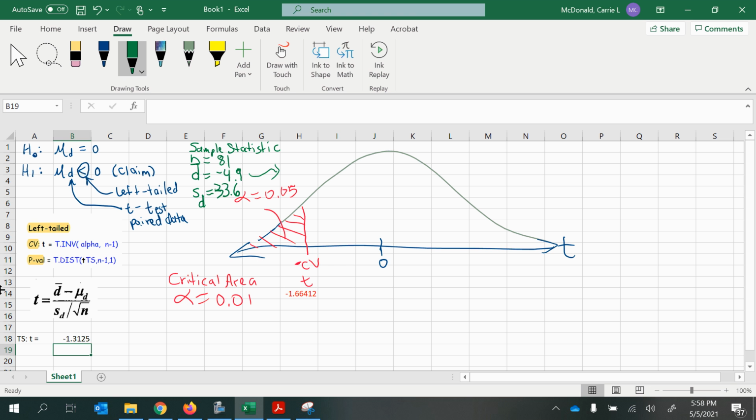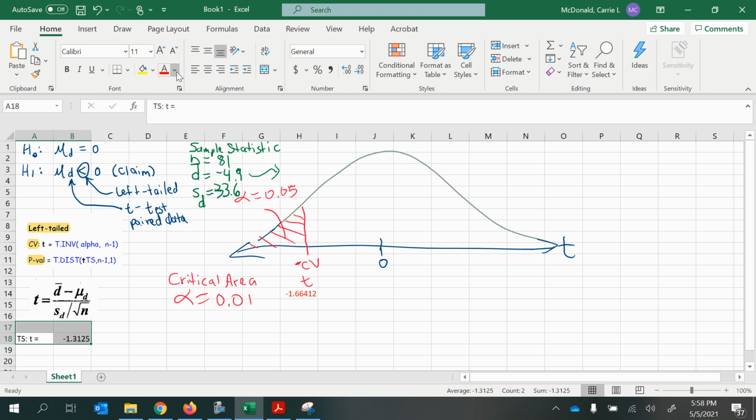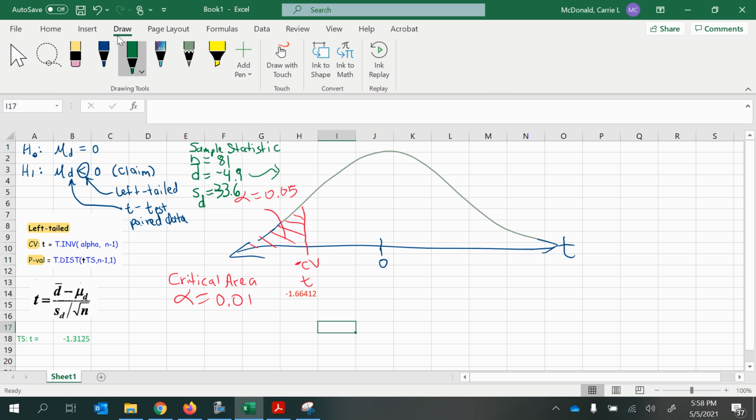So this is my test statistic. This is my green boundary. Because it's negative 1.3, in this case it ends up being outside of the rejection region. That's my test statistic.